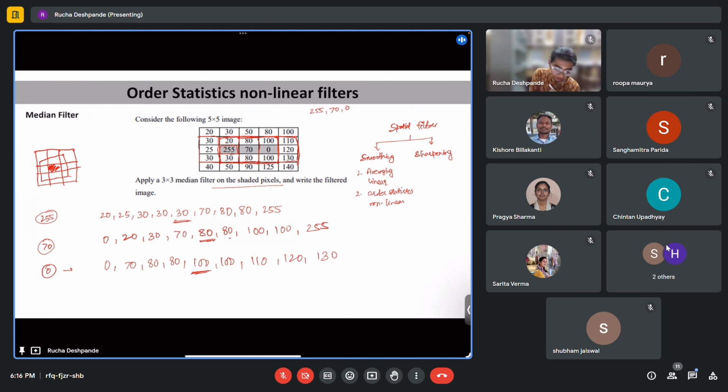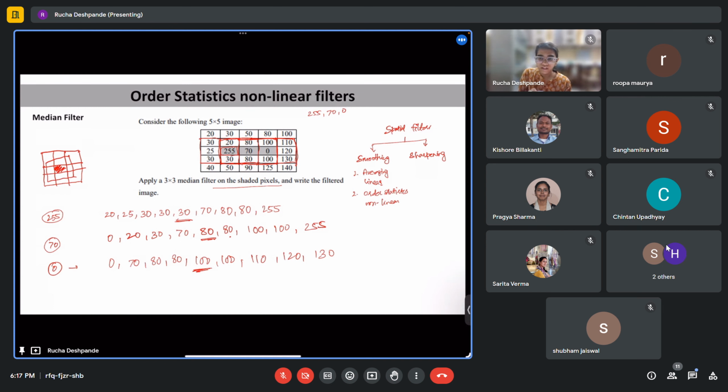So now 0 is transformed to 80, which is now closer to its surrounding pixels. So the impulse error, which was there because of these unusually high or low values, will be removed by applying the median filter. So I hope this was clear.